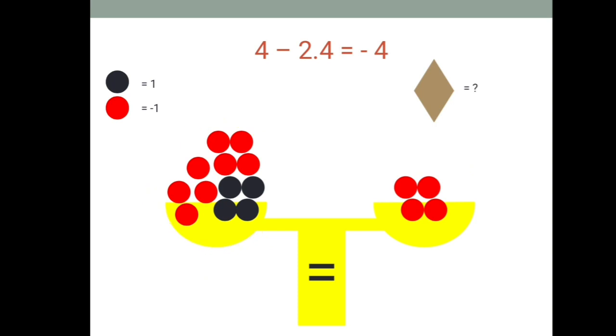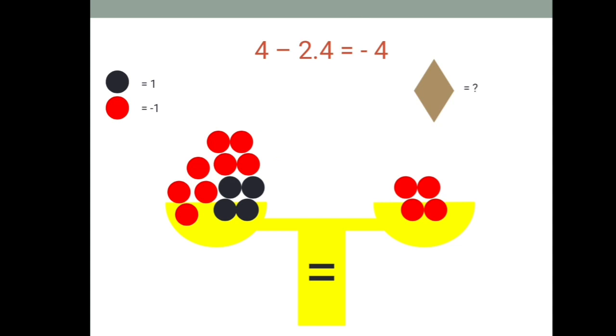But here there are many balls, while the right hand side has just 4 red balls. So why is this balanced? Yes, because here we have 4 red balls and 4 black balls, which means 4 black balls equal to 4 and 4 red balls equal to minus 4.